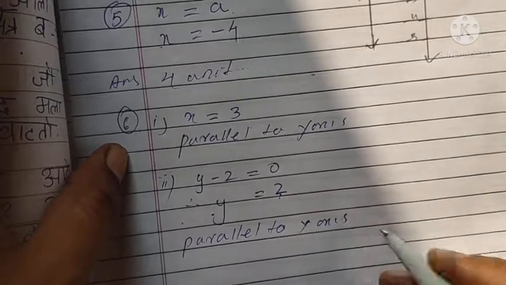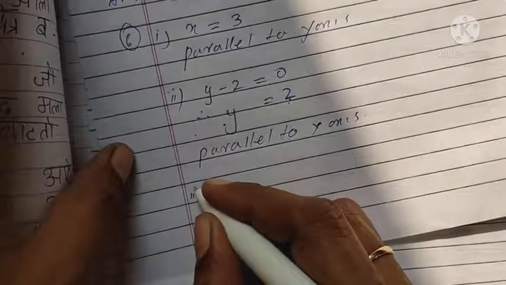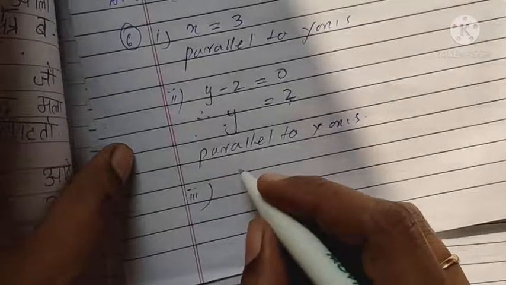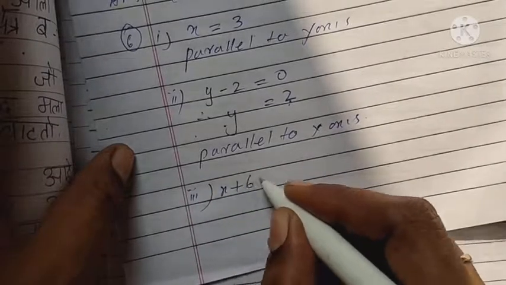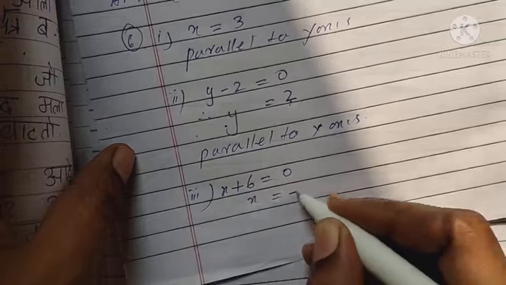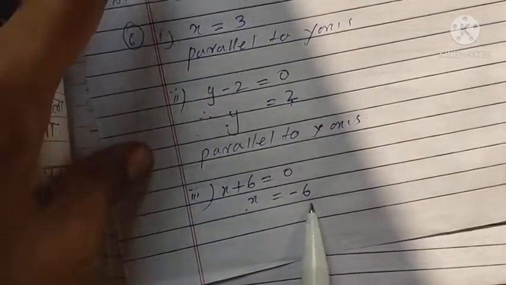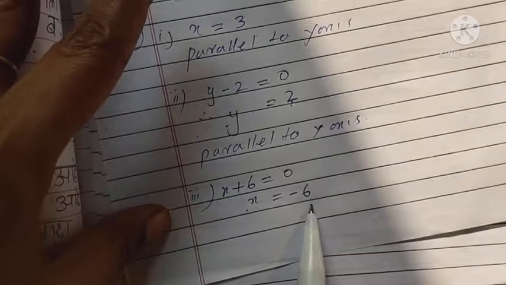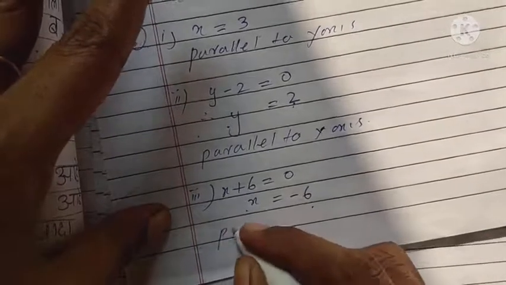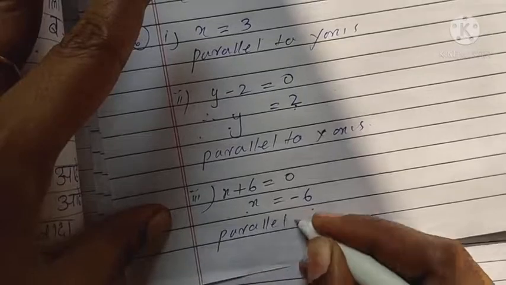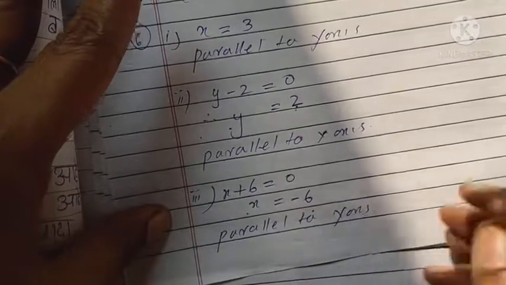Now next, the third one is x plus 6 is equal to 0. That means x is equal to minus 6. Again, x is equal to a types of equations are parallel to the y-axis, so your answer is parallel to the y-axis.